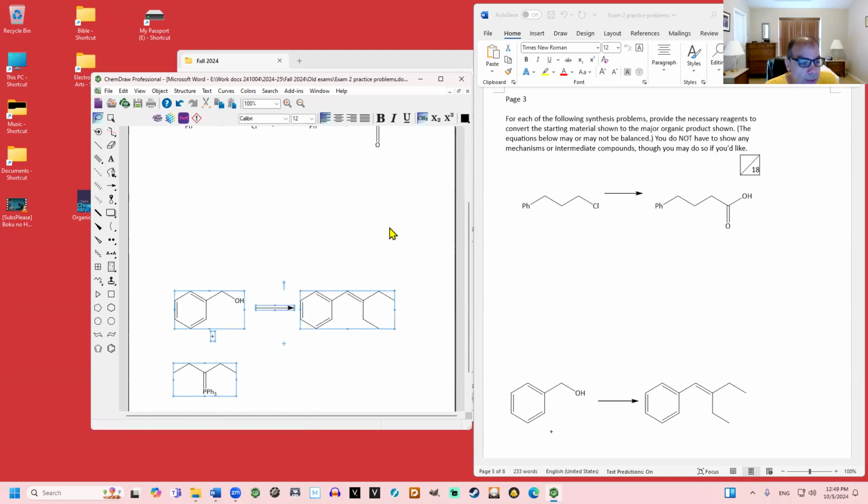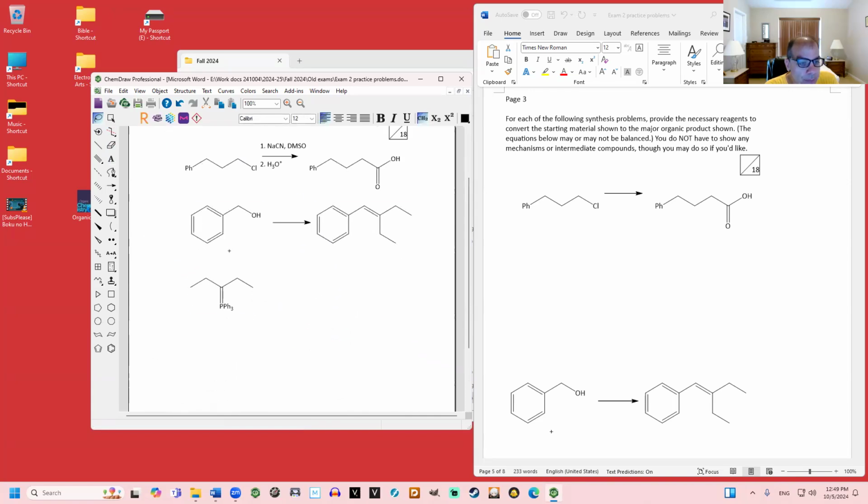The next one looks like it requires a Wittig reaction. And in order to have a Wittig reaction, we need to have a ketone or aldehyde. And you can tell where the ketone or aldehyde needs to go based on where the carbon-carbon double bond in the product is. So our carbon-carbon double bond is there.